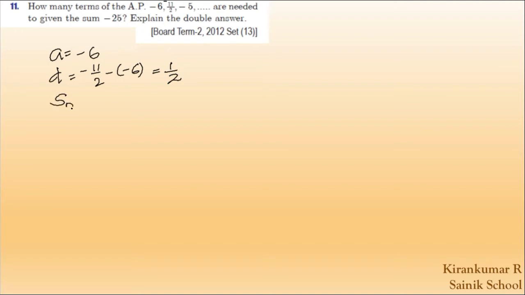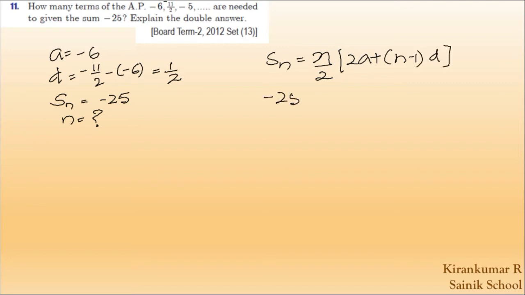So the sum of n terms, we need to get it as minus 25 for which value of n. So let me make use of the formula Sn equal to n by 2 multiplied to 2a plus n minus 1 into d.